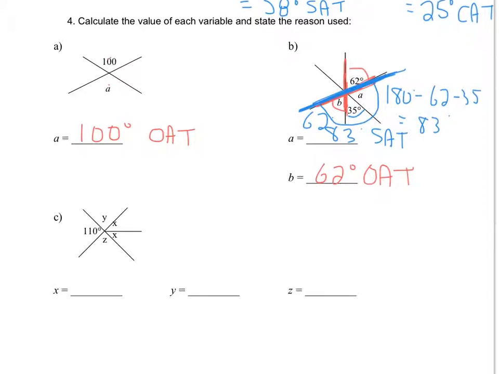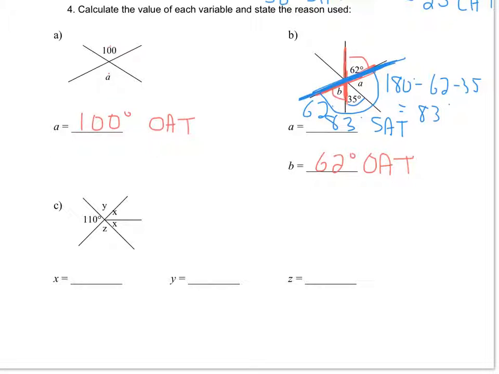And finally, in 4C, I have three angles to find, X, Y, and Z. So I have one angle given, the 110. So I'm going to use that angle. I can see that lines are crossing, so I'll probably use OAT, opposite angle theorem, at some point. So the 110 degrees is trapped by these two pink lines, and on the opposite side, these two X values are trapped by these two pink lines.